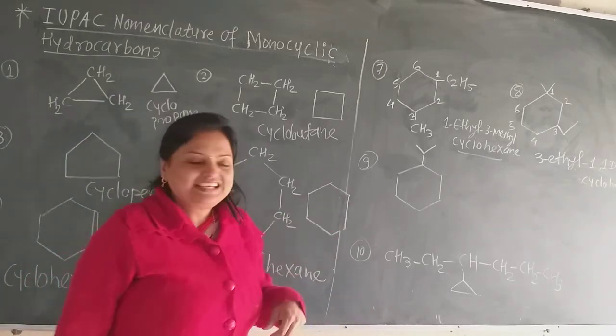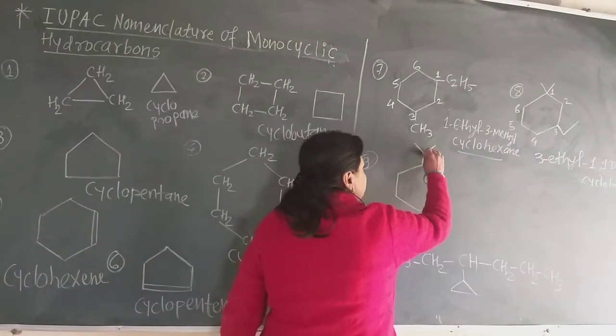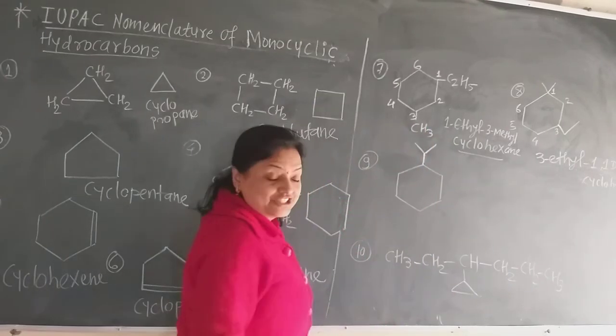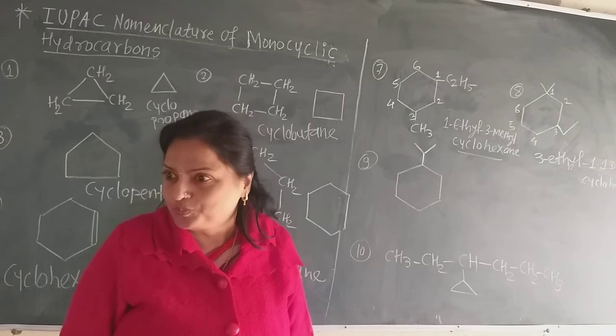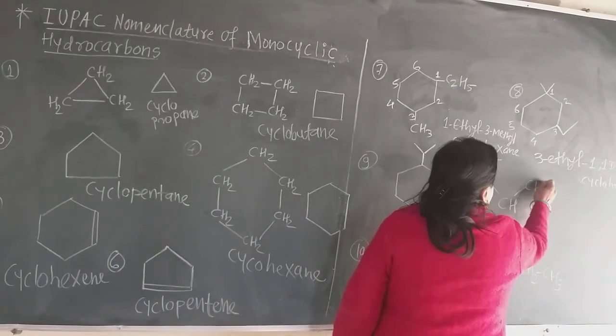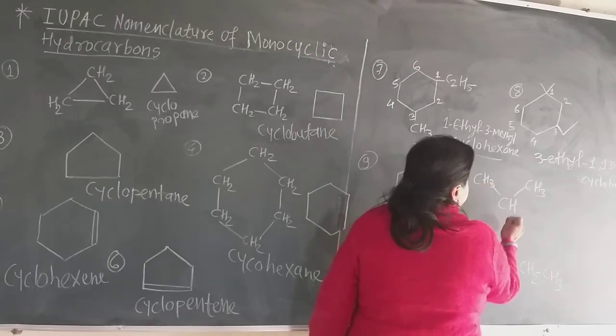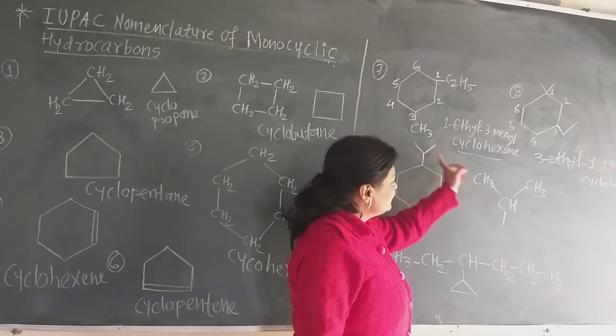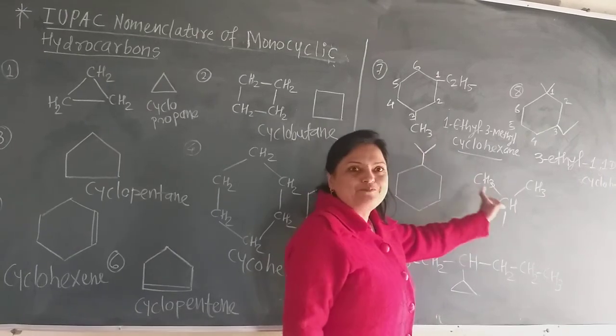Now see this. These are the two methyl groups. Here is again a carbon, and here is again this bond. That means it is the isopropyl group, CH, CH3, CH3. You know that this and this are the same; this is the bond line formula.